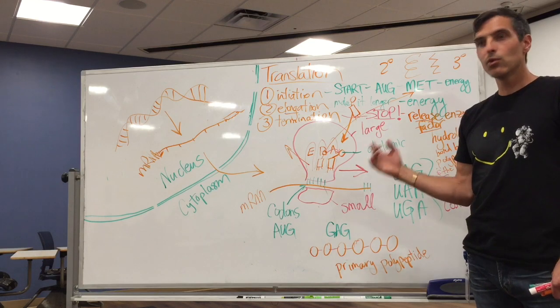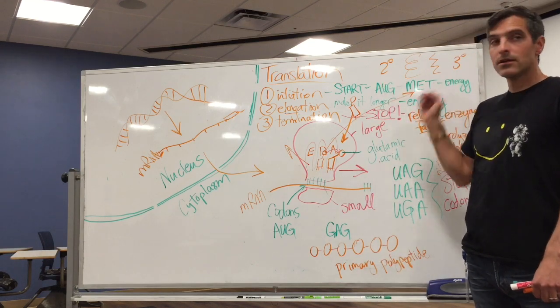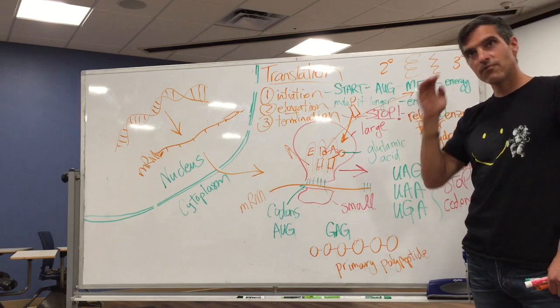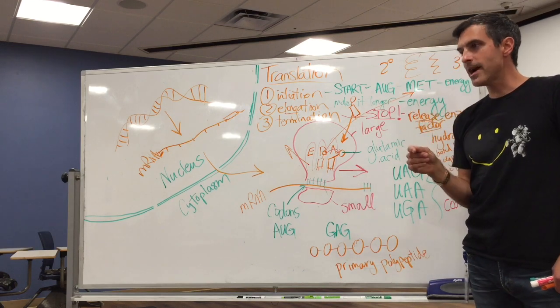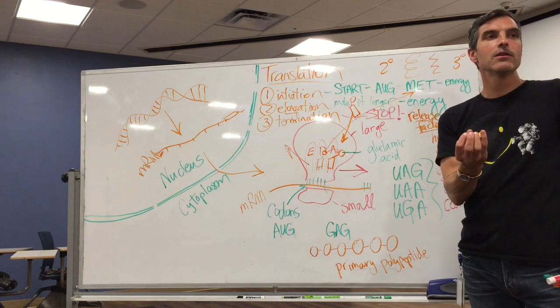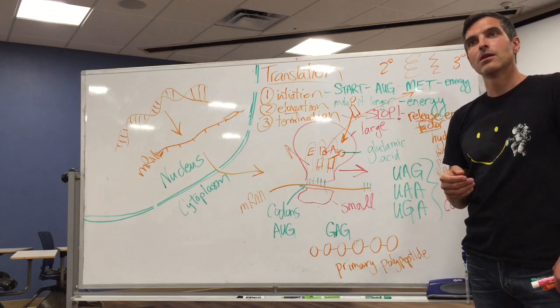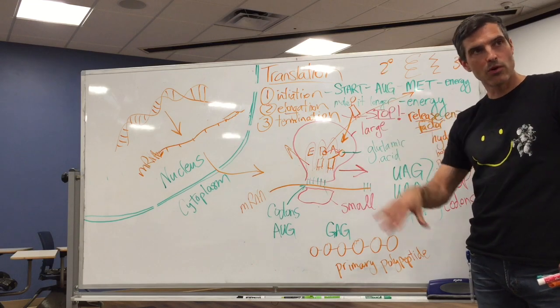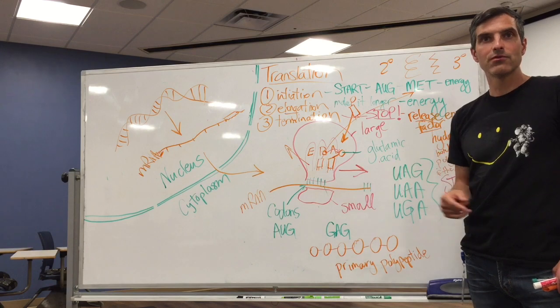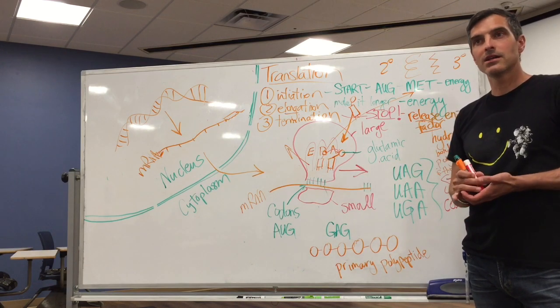That is where it will reach its final shape, whether it's secondary, tertiary, or quaternary. From there, it's either going to bud off into another vesicle, stay within the cell if it's needed there, or you're going to export it. It's going to leave the cell through the plasma membrane and head to wherever it's supposed to go.